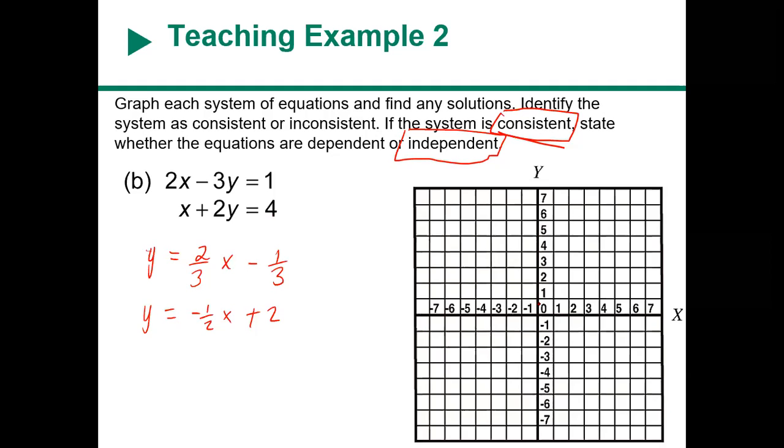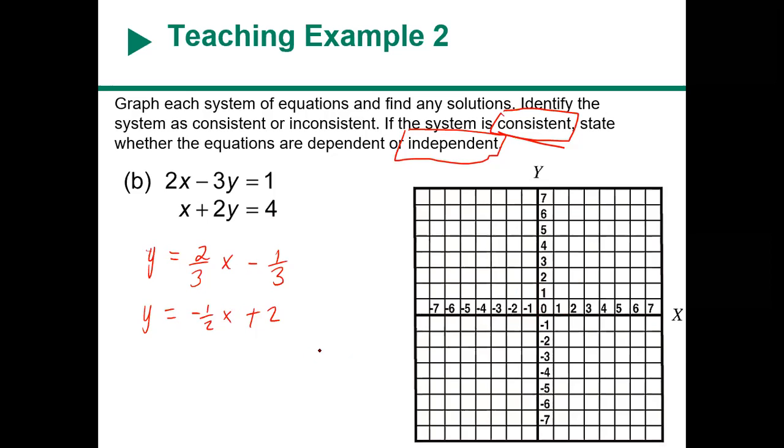What happens if I plug in... I don't know. Why am I having a brain fart? I guess that would be at 1.5, and that's just not an easy number to graph. So we're going to do a very careful job.